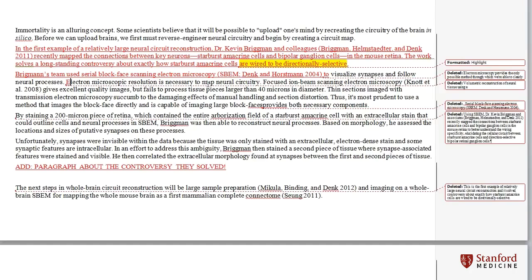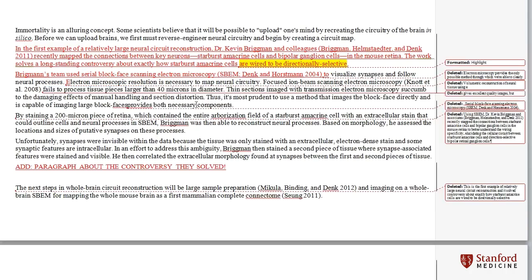Then the author introduces two types of electron microscopy, I think, to say, well, these types weren't used because they have various problems if you're trying to map neural circuits. So let's just point out why they don't work for mapping neural circuits and get rid of, for example, focused ion beam scanning electron microscopy. We don't need to say that it gives excellent quality images because it fails, in this case, to be sufficient for this particular problem.